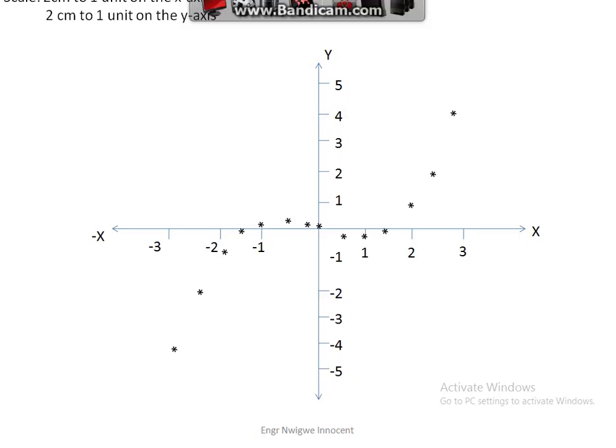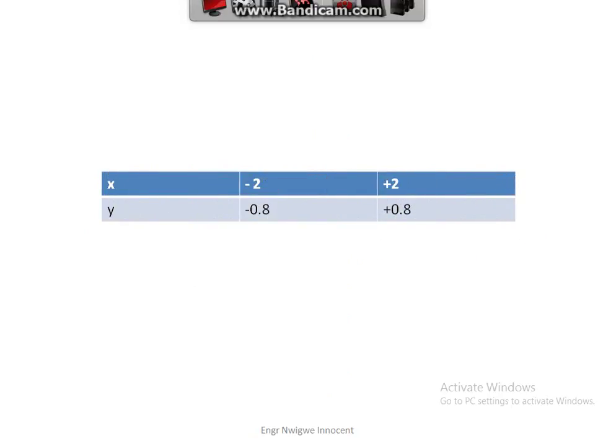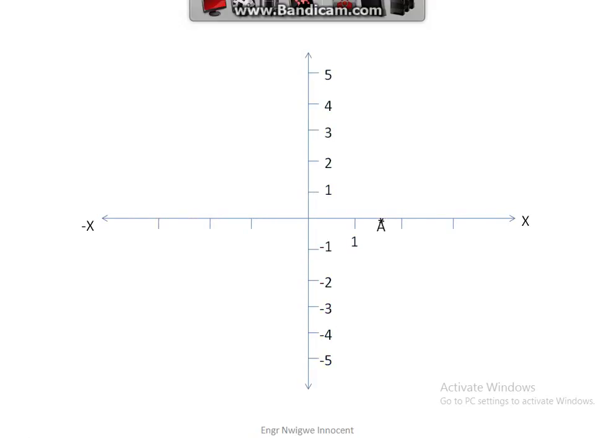Where the two intersect is the location of that point. You now mark an asterisk. Then you can now use your French curve to draw, or you use a broomstick or any flexible object that you can hold to trace this and join all the points to get a very fine curve.